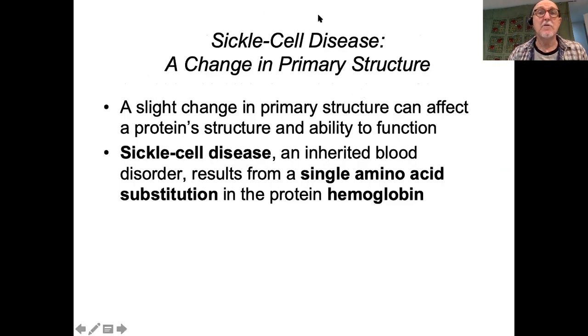So just to show you how very important that primary structure is, I'm going to show you what happens when a mutation occurs in a gene. Now, I did remind you before that by and large, DNA is replicated and is passed on from one cell to another, from one organism to another.